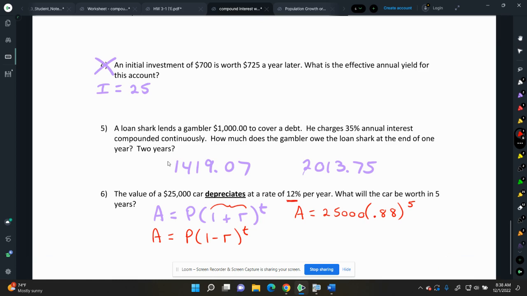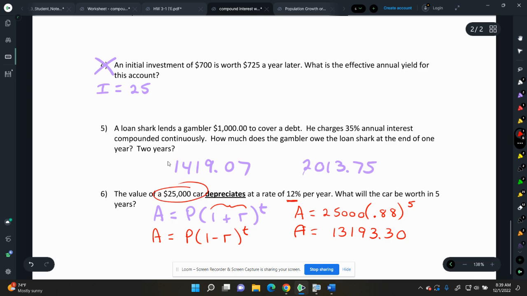Okay, a decay function we subtract, so it should be less than 1. It's greater than 1 if it is a growth function. So when I calculate this, I get $13,193.30.